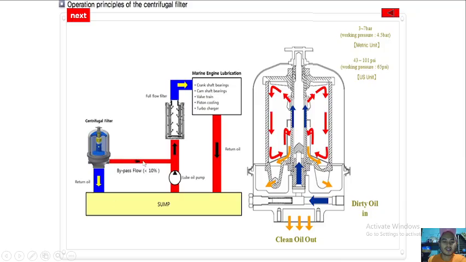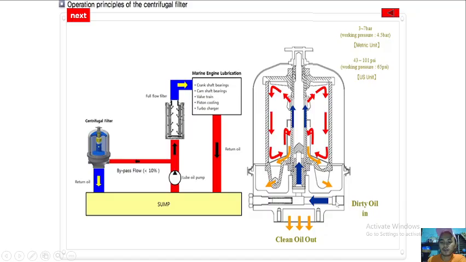So it is cleaning as long as the pump is running. But we do still have a lube oil purifier running 24 hours in the purifier room.